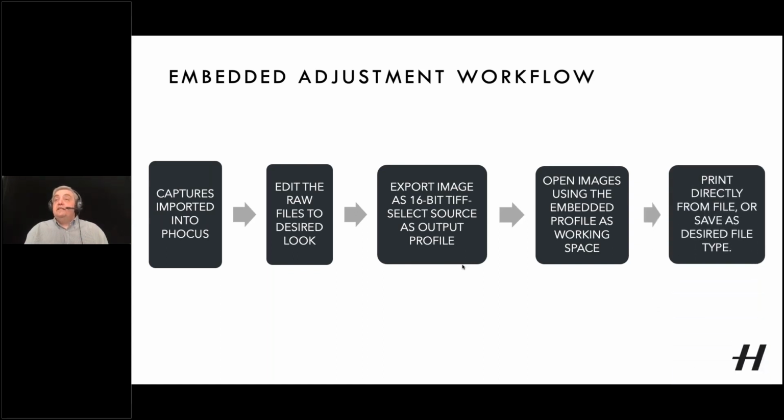I would then finish my editing of that file, get it to the point where I'm happy, and I either want to print it or save it as a new file type. So at this point, I could print straight to my wide format printer, or I could say I want to create a web upload and I need to export it as maybe a JPEG and convert the file to sRGB.